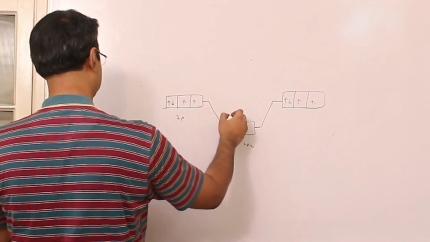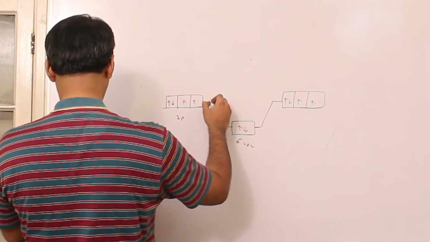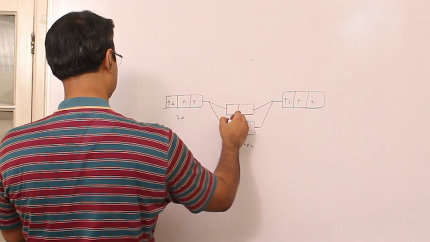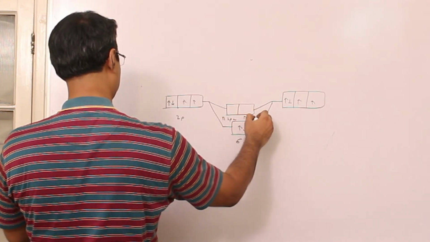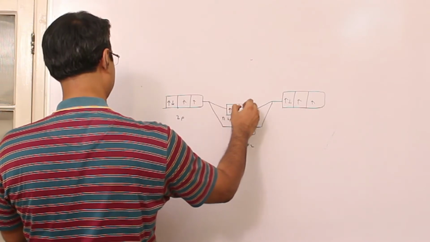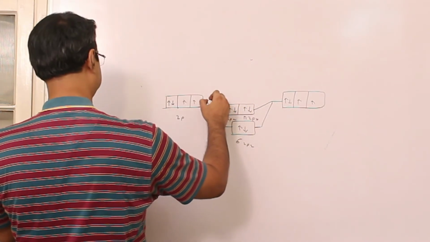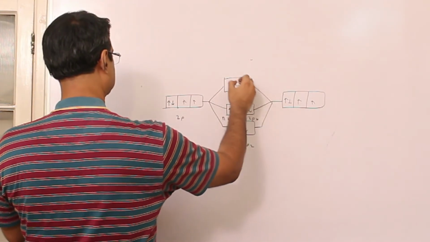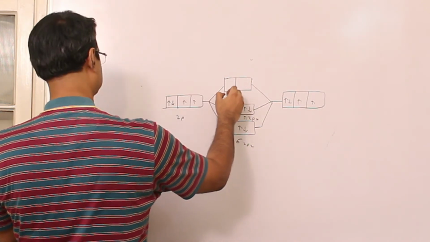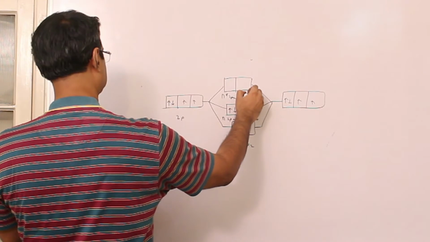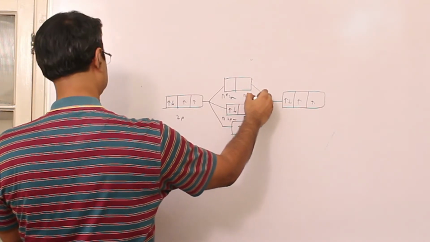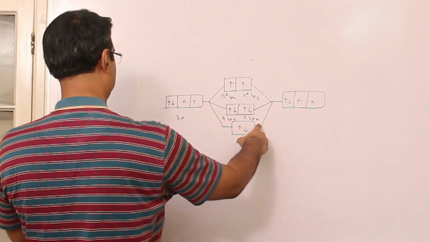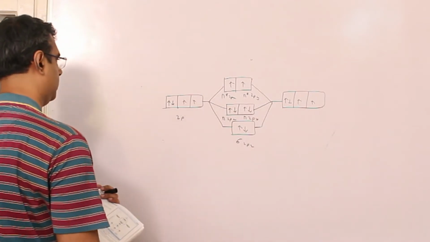So there will be 4 electrons in the 2p subshell, and your energy diagram will look like this. So sigma 2pz, pi 2px, pi 2py, pi star 2px, pi star 2py.